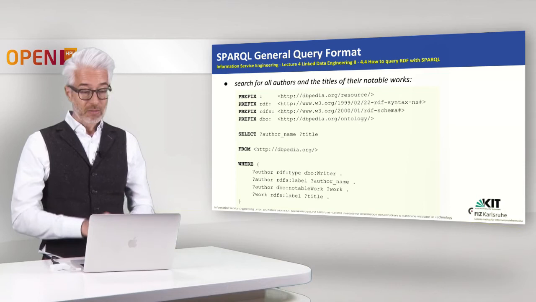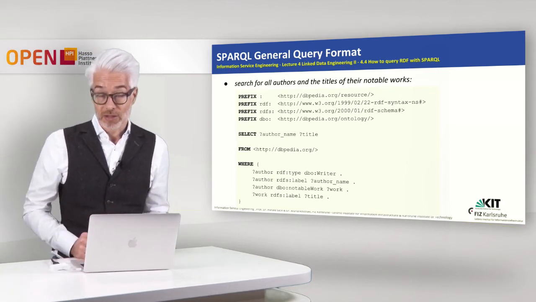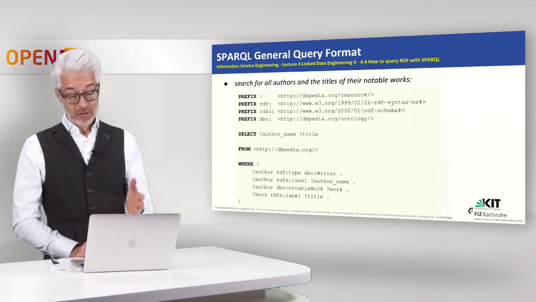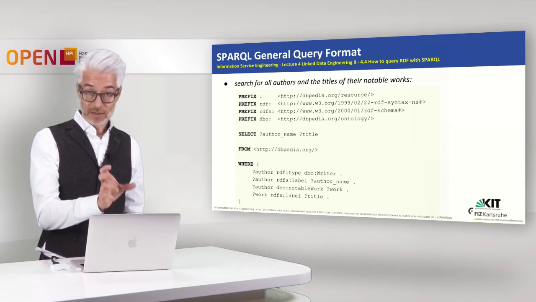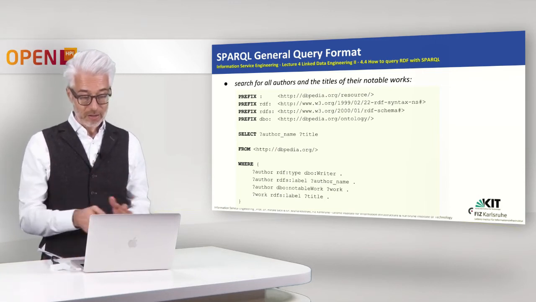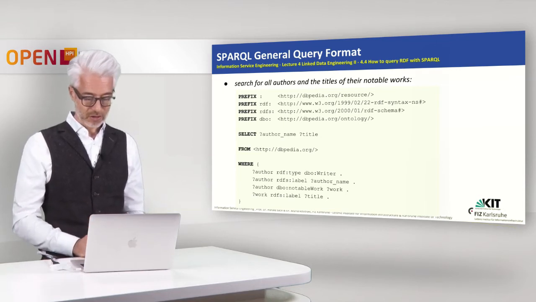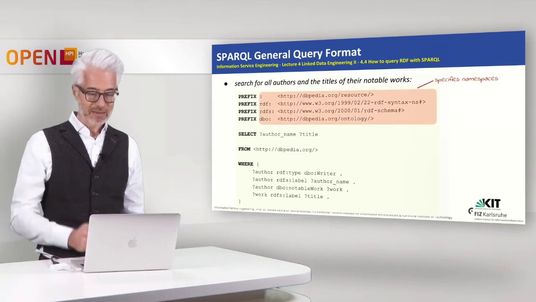Okay, now we reached a point where I can show you the entire general SPARQL query format. We know already SPARQL is based on Turtle, so to make life easier, I will use prefixes. I define prefixes to make my SPARQL query much more readable. So I define the namespaces that I require.